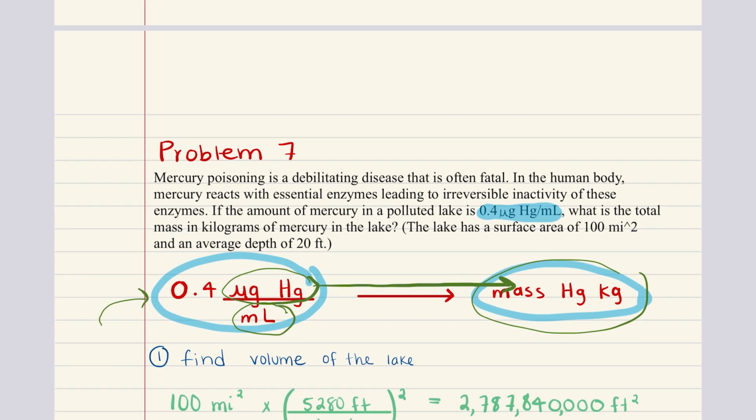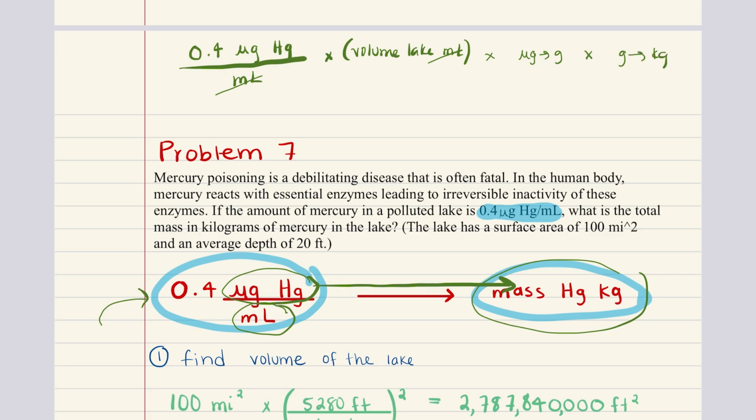So the first thing we're going to do is take this concentration we're given, 0.4 micrograms of mercury per milliliter, and multiply it by the volume of the lake in milliliters. That way, we get rid of this volume term, and then all we have is the mass of the substance, the mass of the mercury in micrograms still, and then we can worry about converting micrograms to grams and then from grams to kilograms.